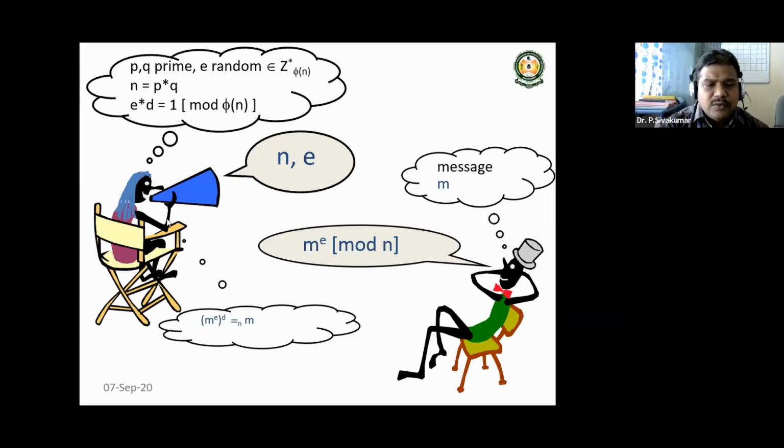Then it is sent here. What is the ultimate meaning? M power e power d is congruent to M mod n. That is what it represents.